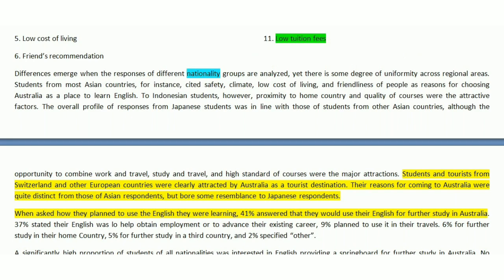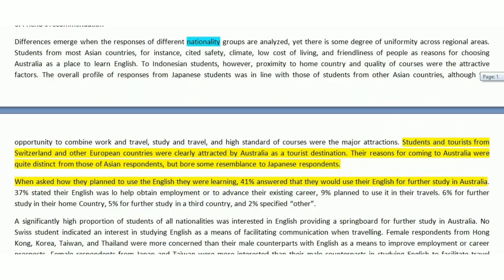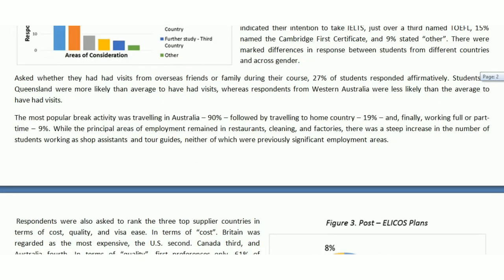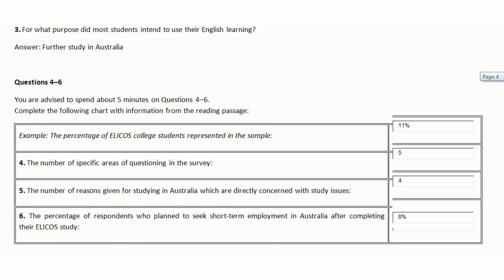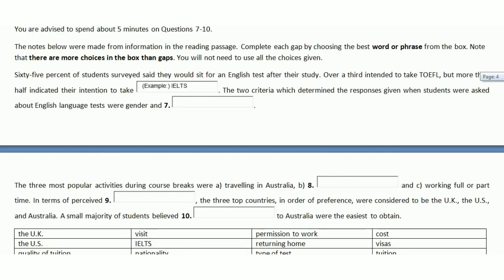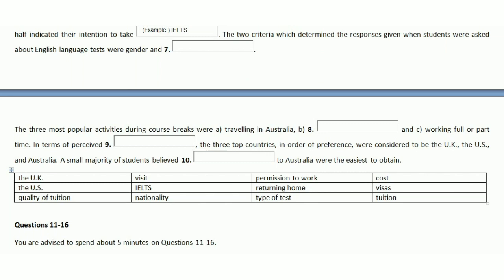So I think nationality is our answer. Now let's check if the word nationality is in the box or any synonym for nationality is given. So nationality, yes, there's the word nationality. So this is clearly our answer. Let's write it down. Nationality is our answer to the seventh question.